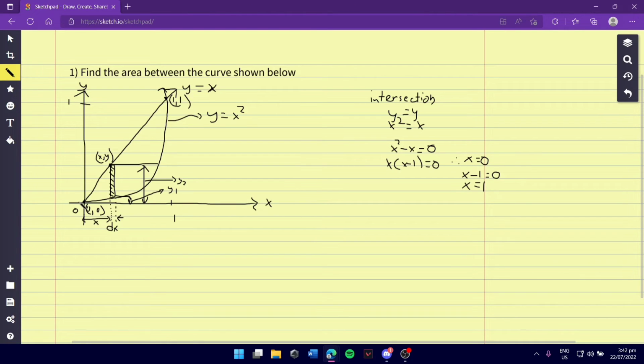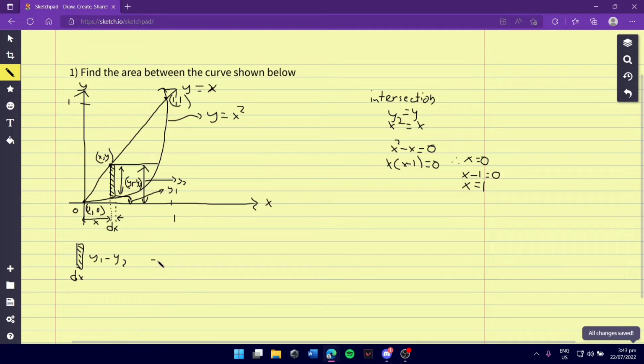The next step here is solving for the differential area. So we take out the vertical strip, put it in here, and label it. The height from here to here is y1 minus y2, and this is your thickness, the dx.